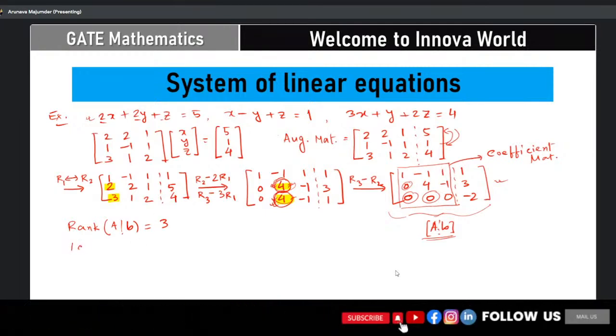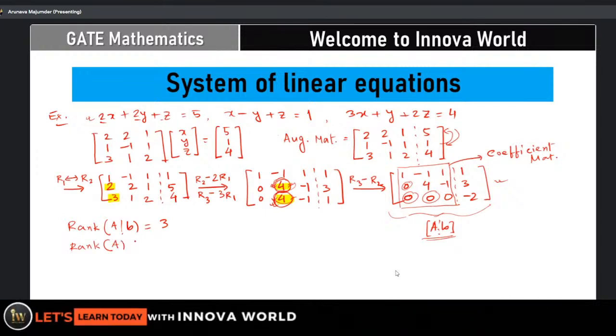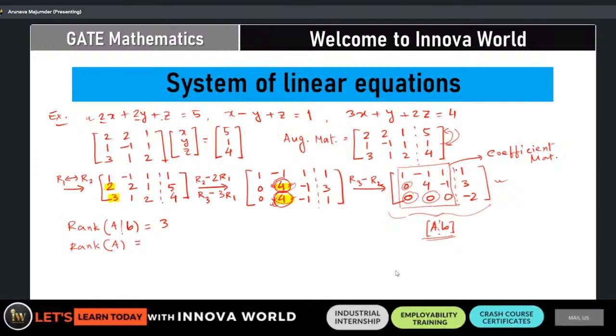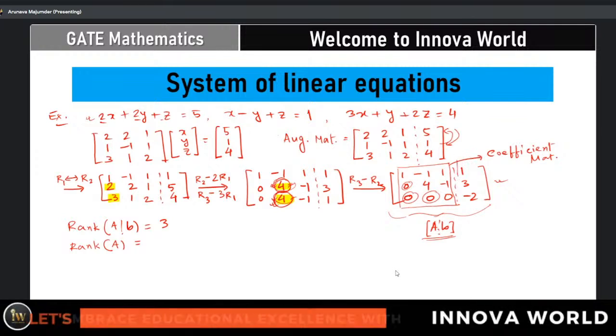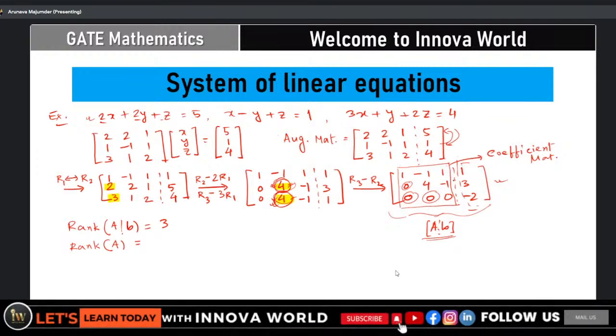Now we are going to find out the rank of the A matrix, that is the coefficient matrix, that is this square box matrix. Now forget about the right hand side. Now we will concentrate on only this square box.